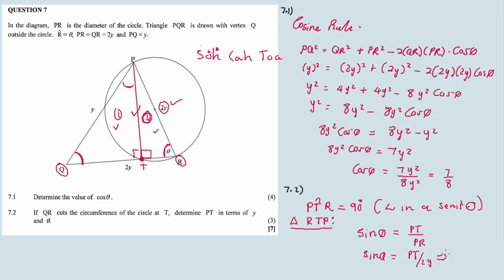Therefore, after cross multiplying, PT is equal to 2y sine theta. 1 times PT is PT, and 2y times sine theta is 2y sine theta.